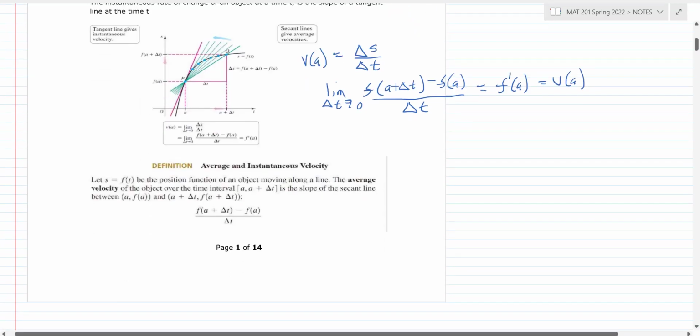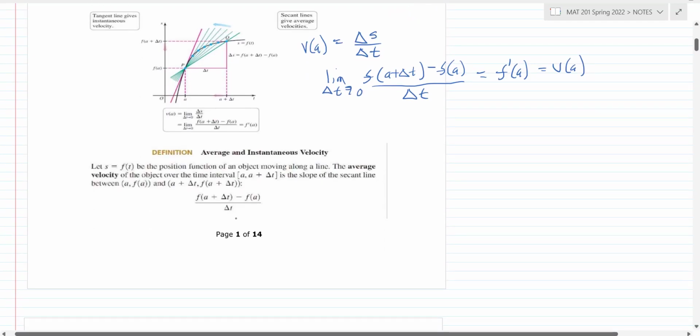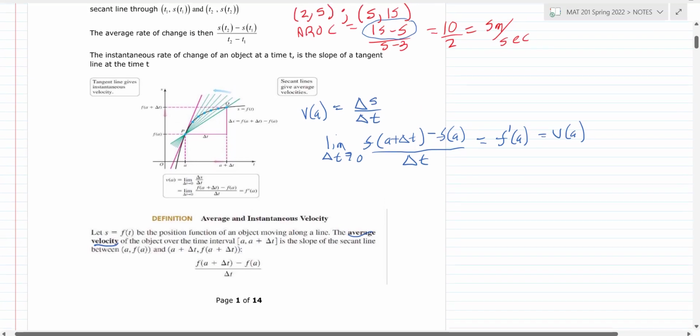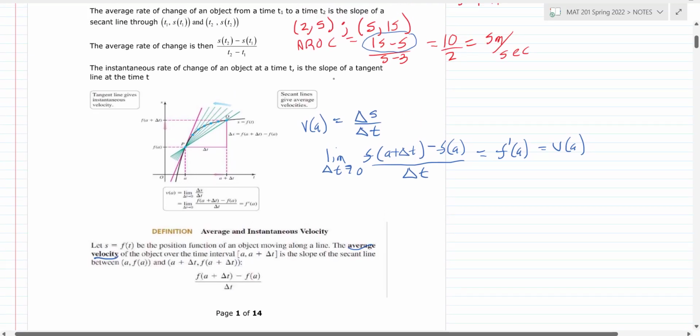Okay, so down at the bottom, this is kind of what I was trying to go through. This is your average velocity right here, and again, that's the difference quotient: you're subtracting the positions and dividing by delta t, which is the distance between the times. I did an example of that when I did 2 seconds you displace 5 meters, 5 seconds you displace 15 meters.